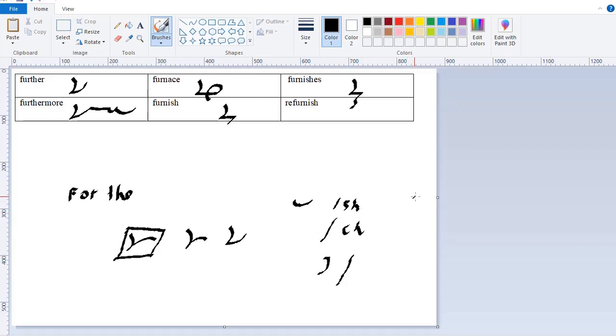And then we also have the F, V, and the S, P, B. Kung itong mga to ang sumusunod sa re sound sa beginning ng words, kung yung susunod sa re is a downward hook, for example, yung F, refurnish, you are not going to write yung E sound.